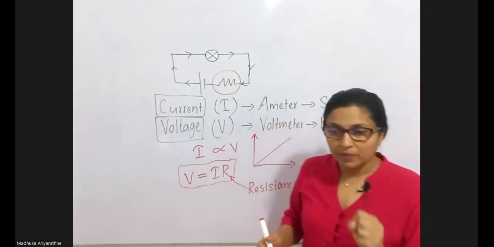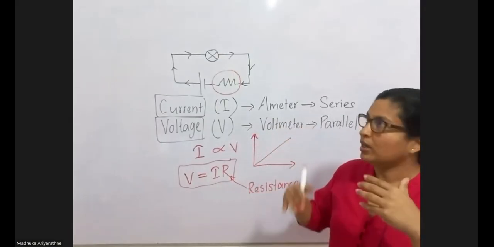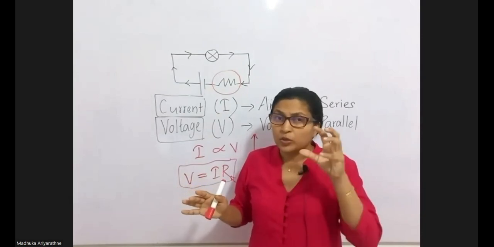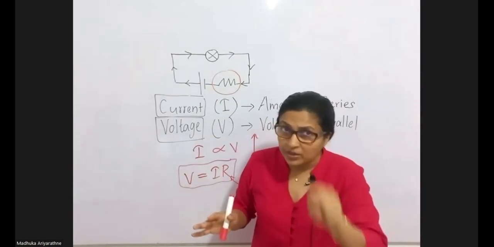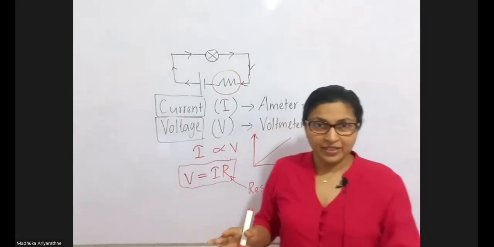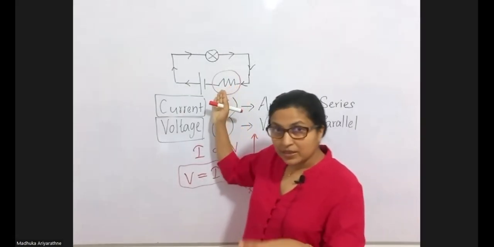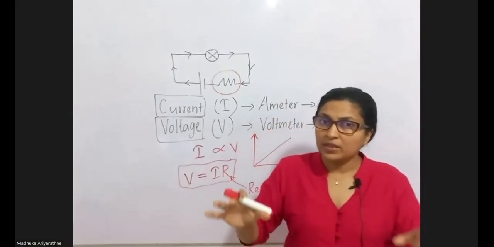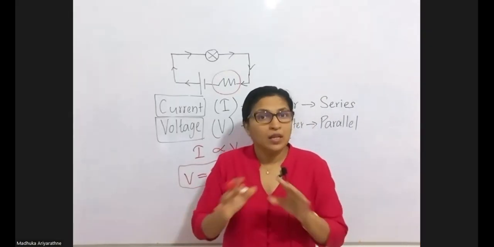So what is the function of a resistor? It restricts the current flow in the circuit. Usually if the resistance is high, the current passing through the circuit is less.